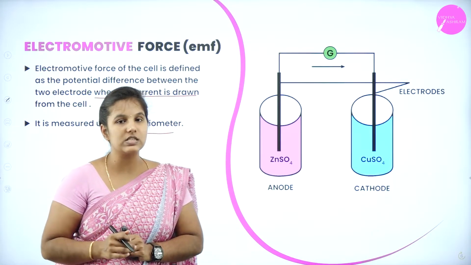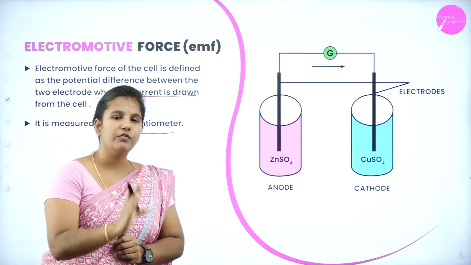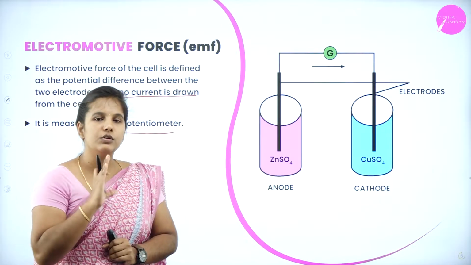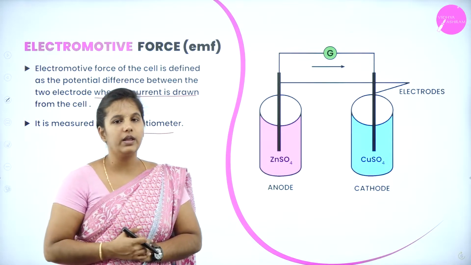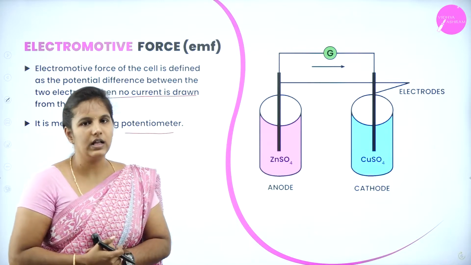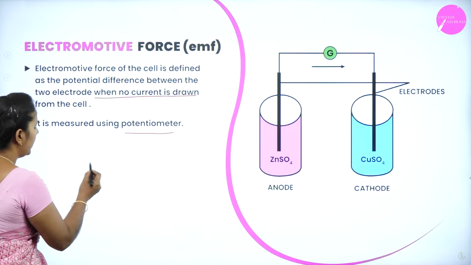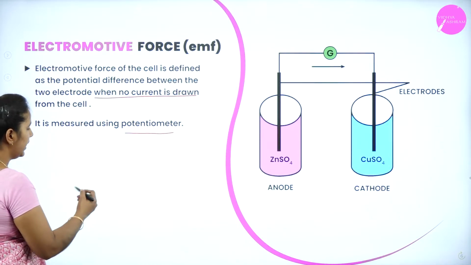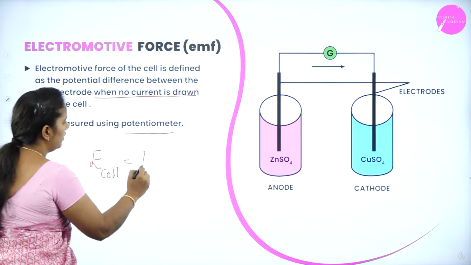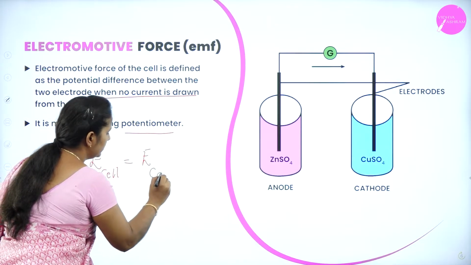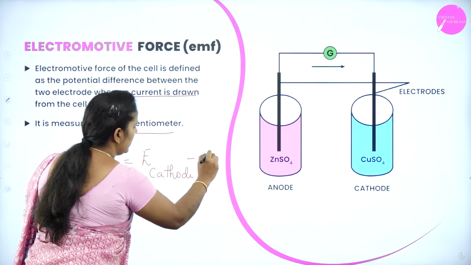Why does the potential difference happen? Because the electrons are transferred from anode to cathode, so the potential difference exists, which is calculated as the EMF. The cell potential can be taken by considering E cell, which is equal to E cathode, the electrode potential of the cathode, minus E anode.